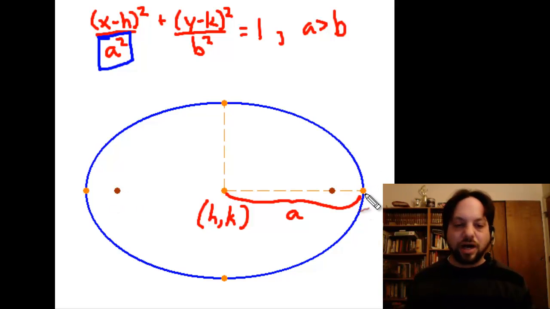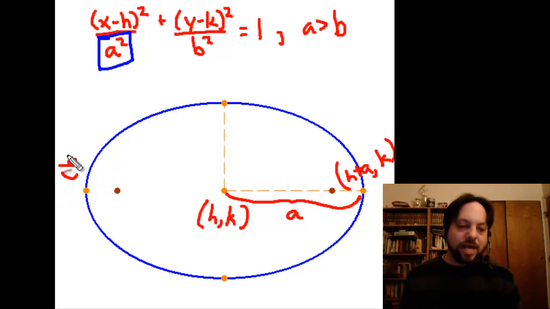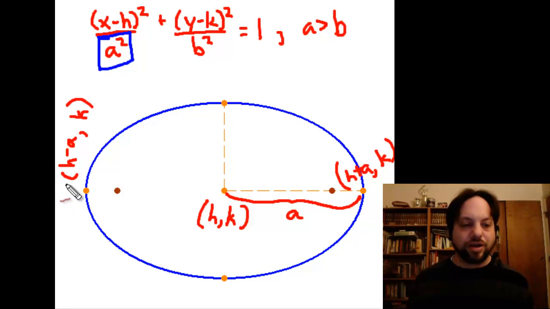But anyhow, this point right here, we're going to call this point h plus a comma k. My apologies if that's kind of hard to read. But that's h plus a comma k. This other vertex right here, this would be h minus a comma k. So that's a little bit tricky to write, but there you go.